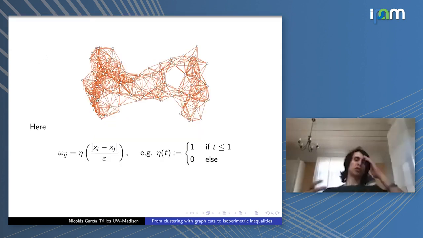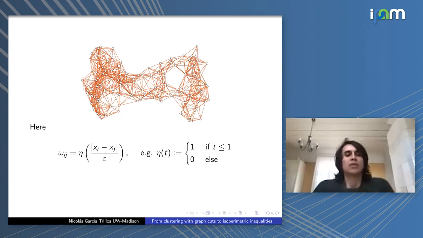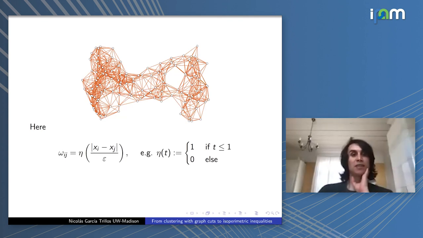Okay, so now, of course, once you have the data, then I need to specify what are the weights, or what is the graph. And as I was saying, in this family of models, these are induced by proximity. So basically, depending on the distance between the points and some length scale that you specify to dictate what is close enough, that gives you the graph.